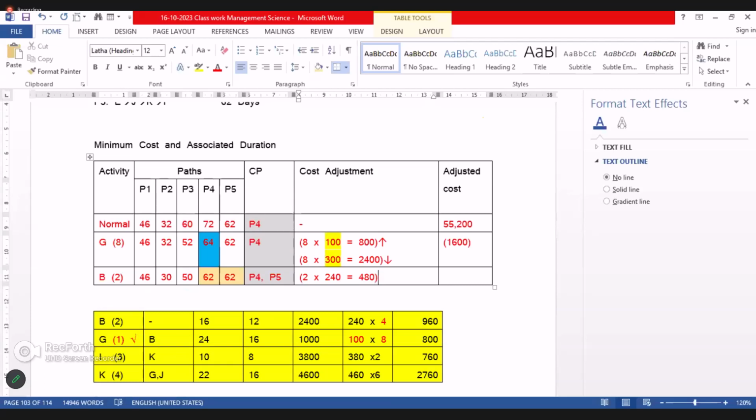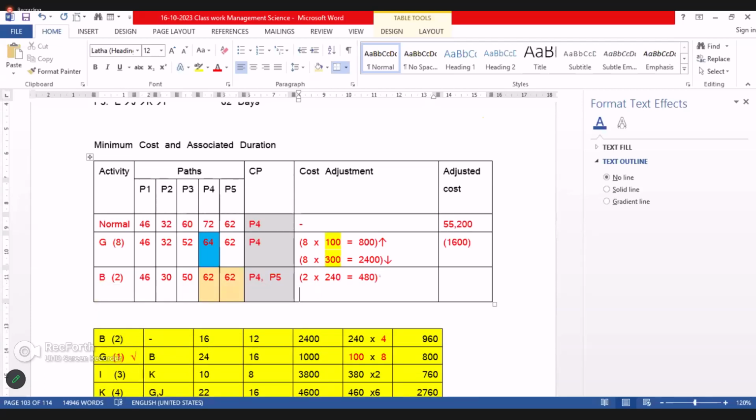Cost will reduce by how much? 2 into 300, that is equal to 600. What is the net effect? 600 minus 480, the net effect is 120.